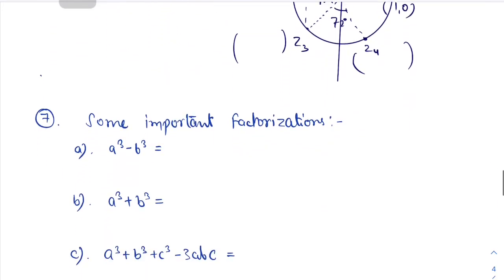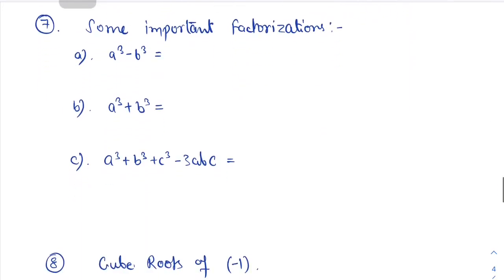So moving on, some further properties. These are some important factorizations on the basis of omega and omega square. A cube minus b cube, we already know the formula: it is a minus b into a square plus ab plus b square.